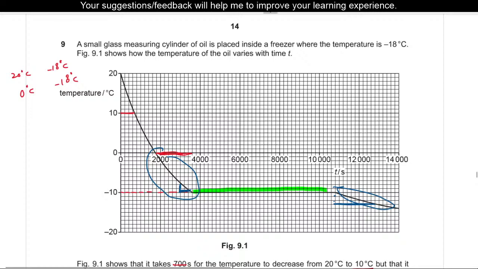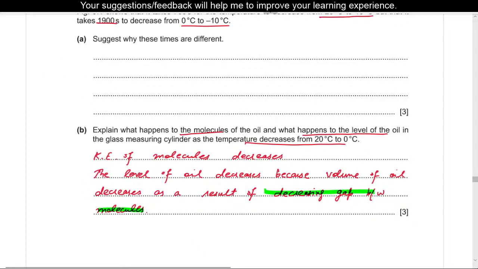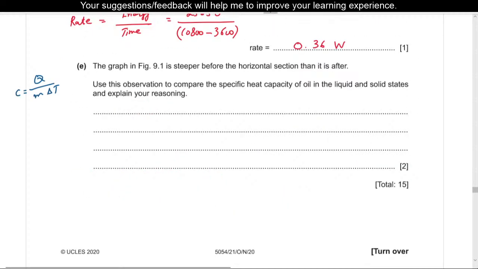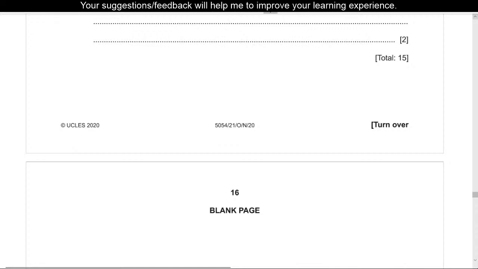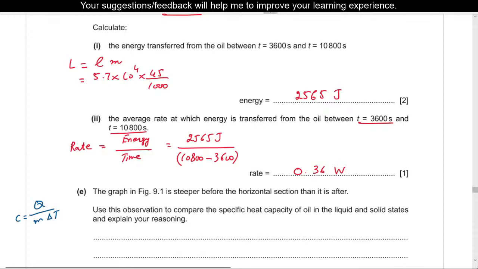The liquid state takes less heat, less time, and that is why less heat. So in the liquid state the time is less, it means the heat is less, less heat is required, so that is why its specific heat capacity will be less.